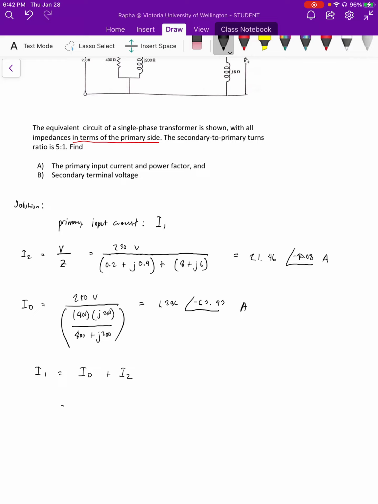So basically we just add them: 21.46 angle negative 40.08 plus 1.286 angle negative 63.43. Our I1 is equal to 22.65 angle negative 41.37 amperes. So is that the answer? Not yet.